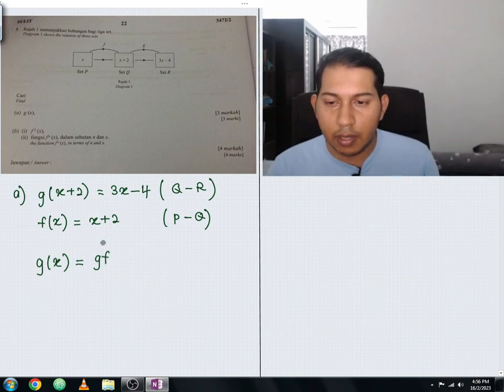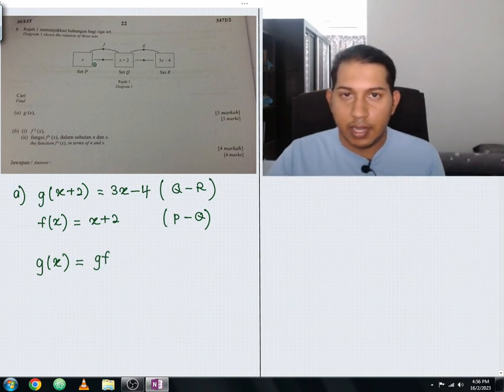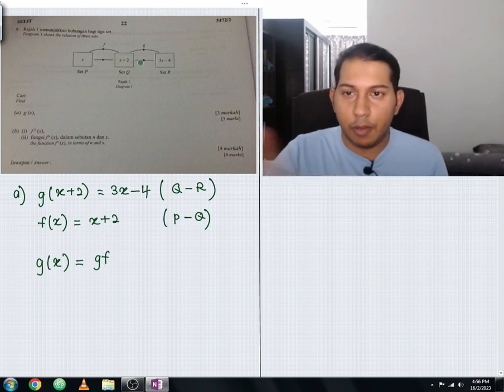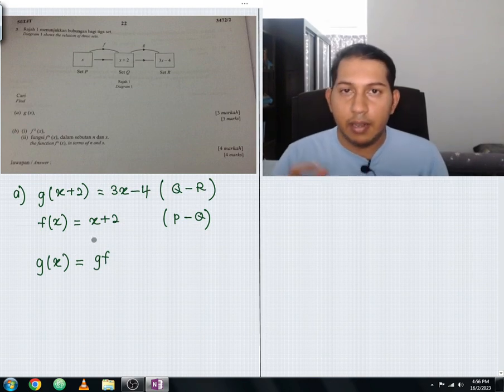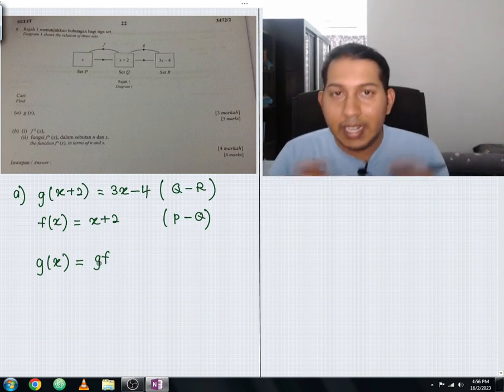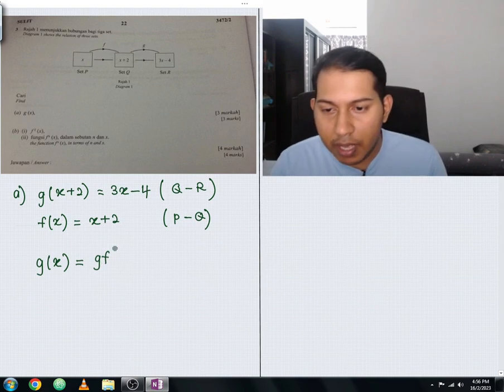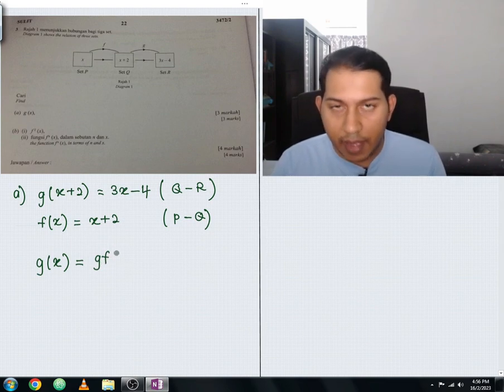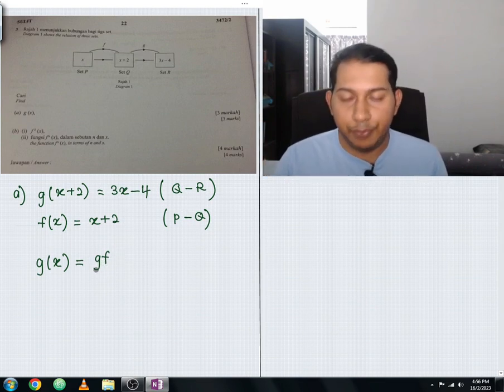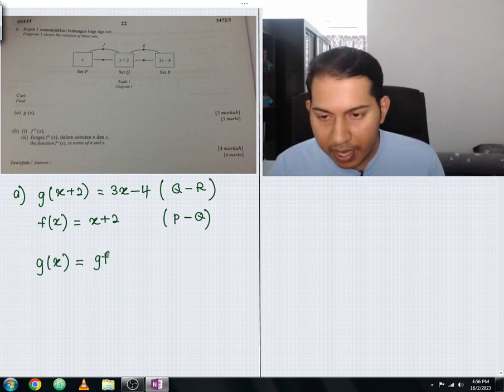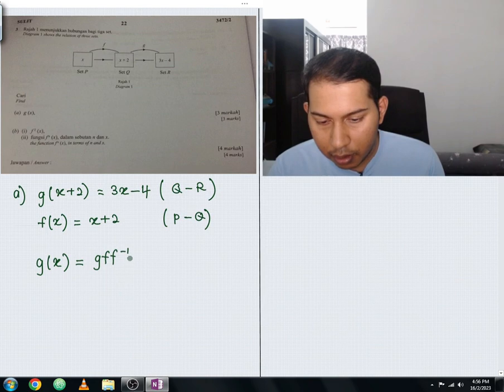Technically this is the composite function, because it begins with function f and is followed by function g. When you write it in terms of a mathematical equation, it will be gf, because you need to solve f first and then g. Then gf times f inverse x.